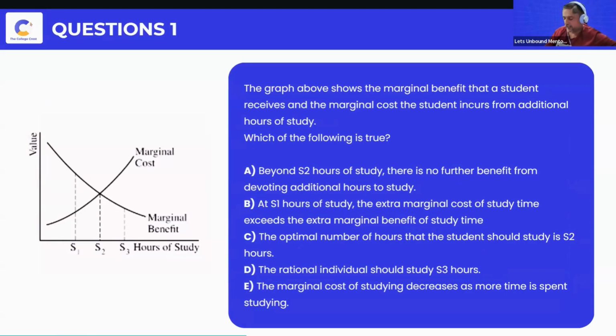We can clearly see even beyond S2 there is some benefit, although the marginal benefit is coming down. At S1 hours of study, the extra marginal cost of study time exceeds the marginal benefit? No, it is just the opposite. The optimal number of hours that the student should study is S2 hours.